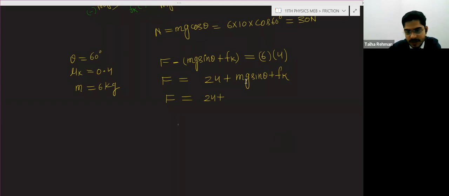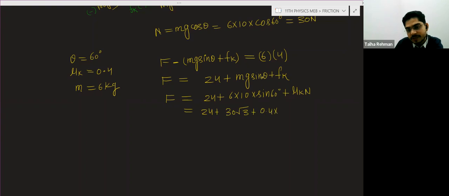See here, this is mg sin theta. What is m? 6. g is 10. We are taking sin theta as sin 60 degrees. Fk is mu k into N. So this is 24 plus 60 into root 3 by 2, so this will become 30 root 3, plus mu k is 0.4, normal reaction is 30, so this will become 12.